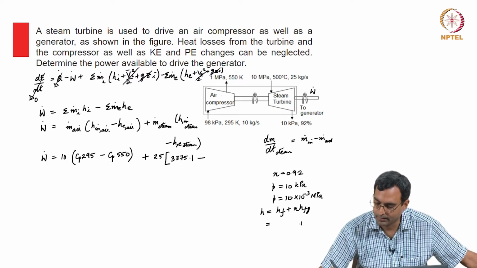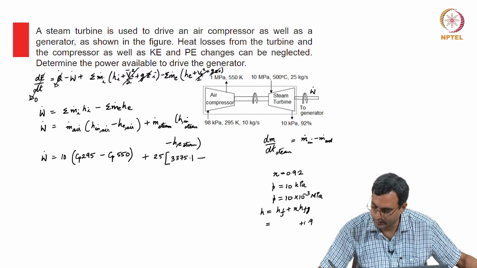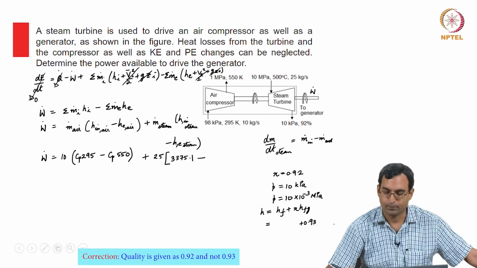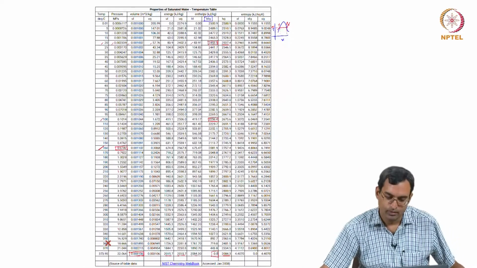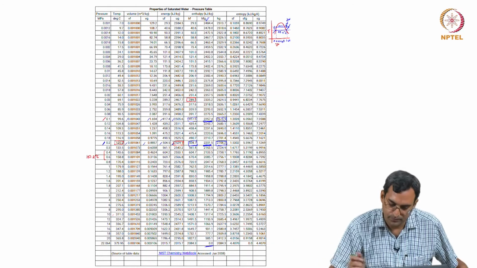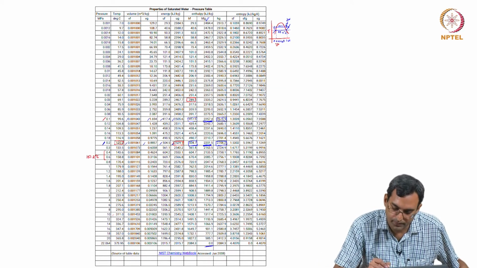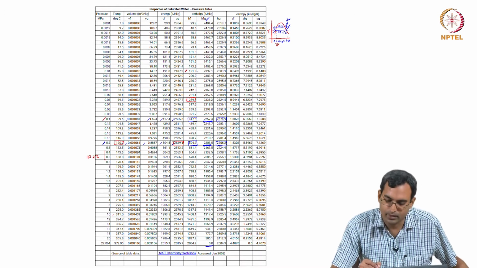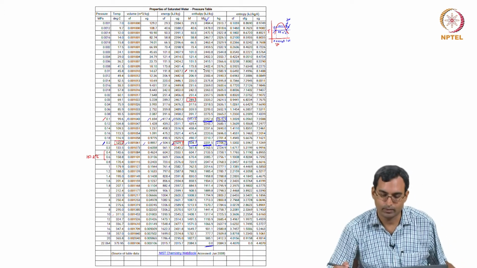I have something plus 0.92 into HFG. So, I need HF and HFG values at 0.01 megapascal. So, let me go to the pressure table. At 0.01 megapascal I want enthalpy values: 191.8 and 2392.1.